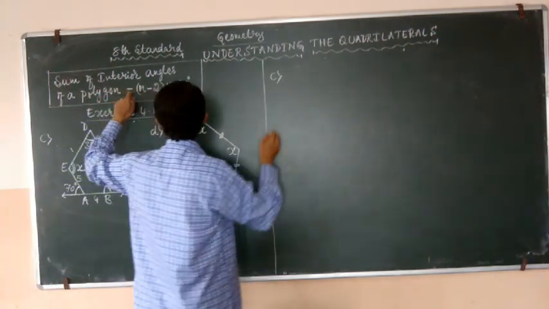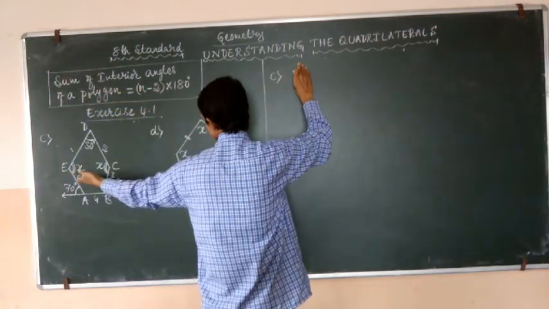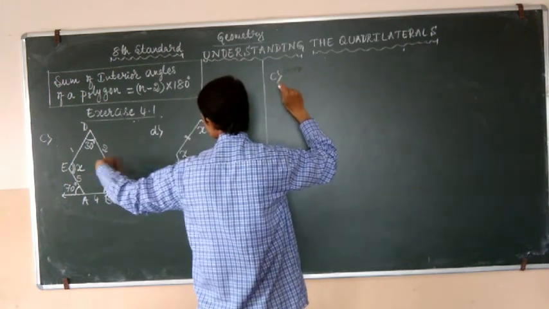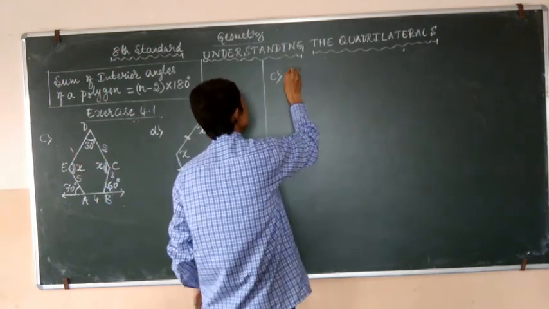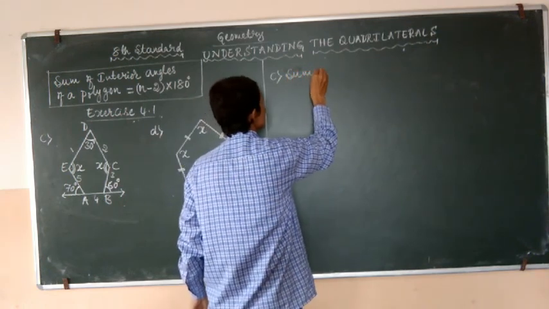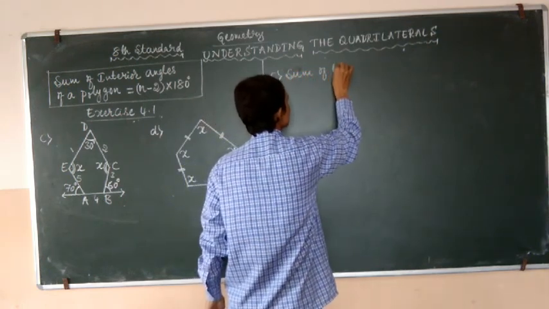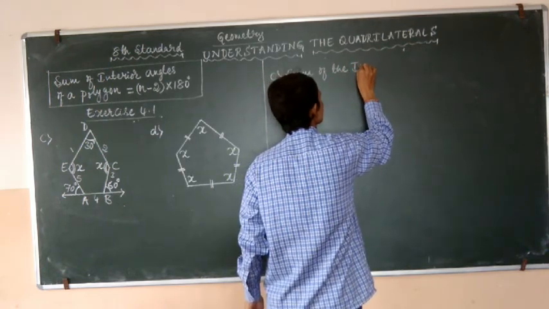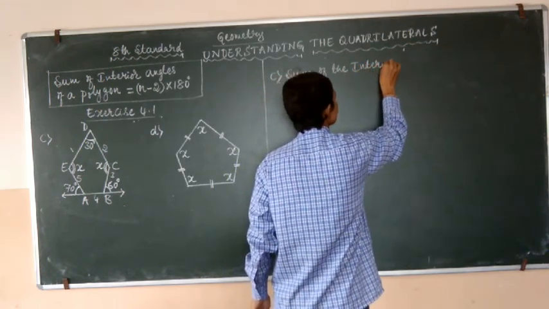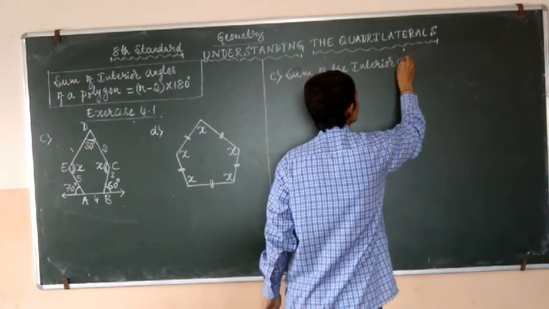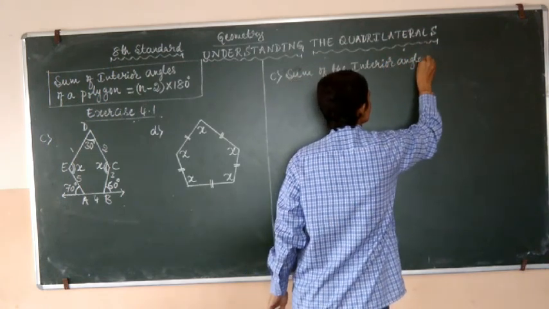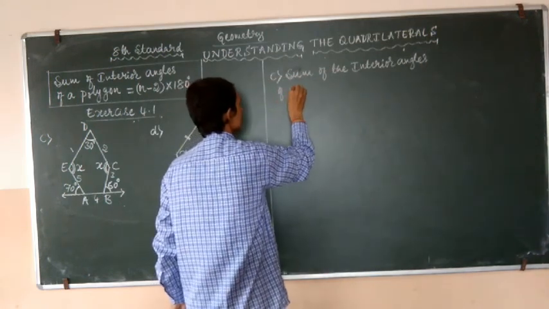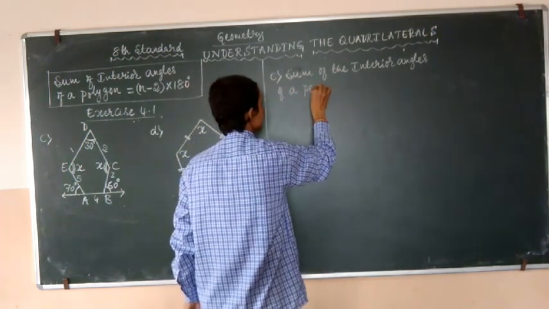By using this formula, we will find the sum of the interior angles of a pentagon.